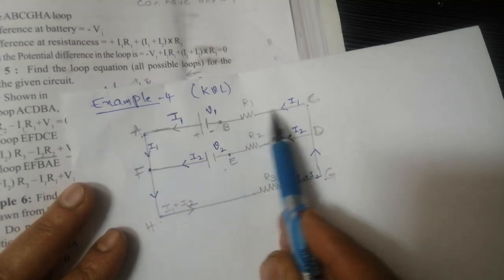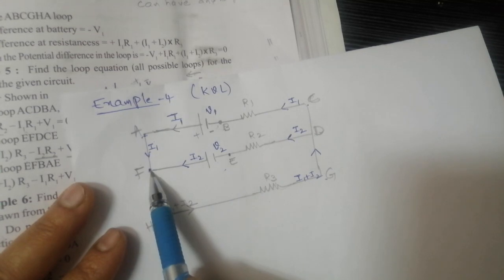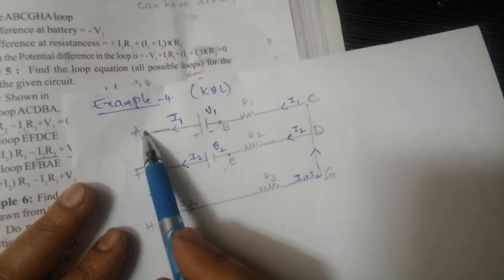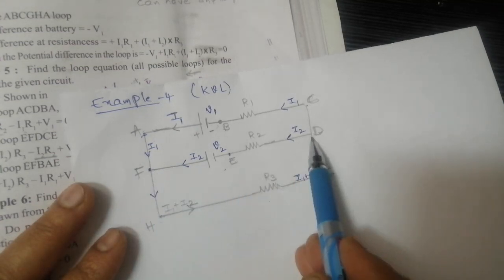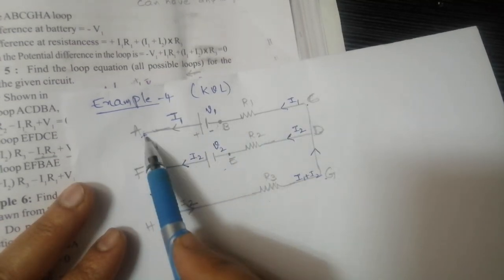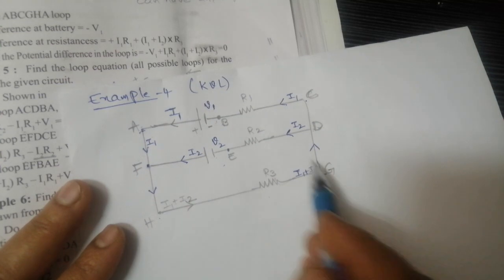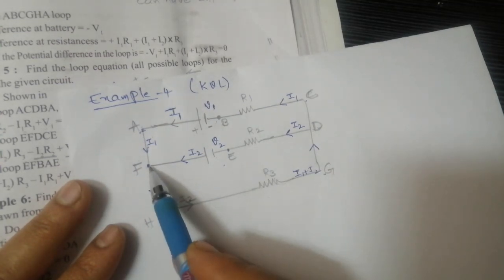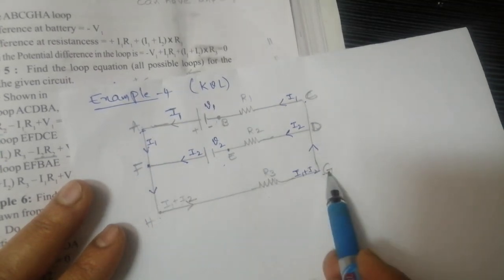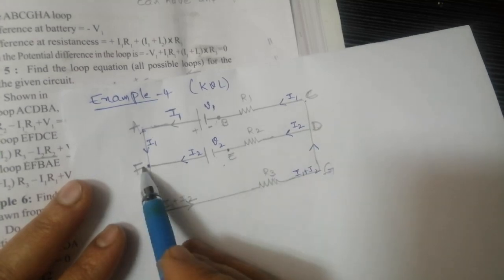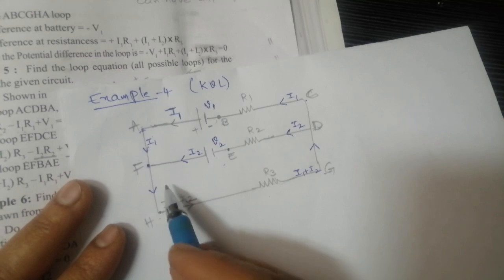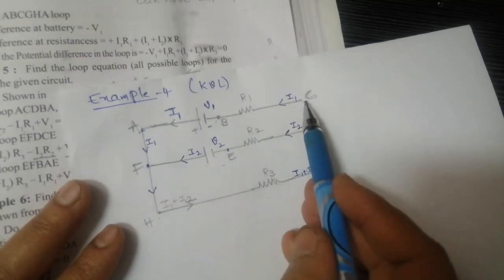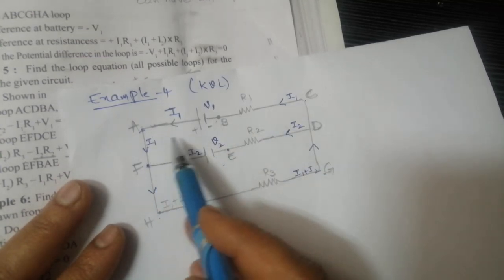Suppose A, B, C, D, E, F, A, this is clockwise direction. Now anti-clockwise direction: A, F, E, D, C, B, A. In the same way, anti-clockwise F, H, G, D, E, F. We can form the loop wherever we want.